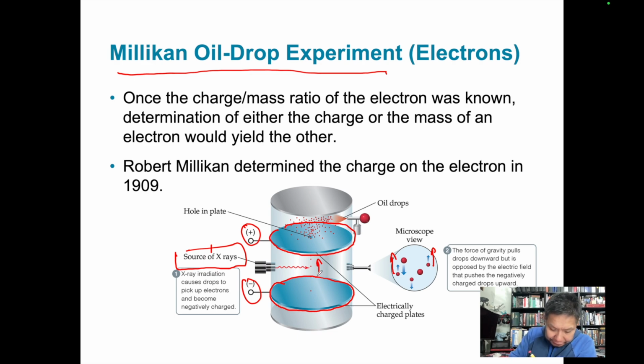The attraction between the negative charge of the electrons and this positive plate overcame gravity, because gravity would make these oil drops go down. But since he shot the oil drops with X-rays, it made them negatively charged, and they started migrating towards the positive plate, overcoming gravity. And so that's how he figured out that electrons were in fact negatively charged.